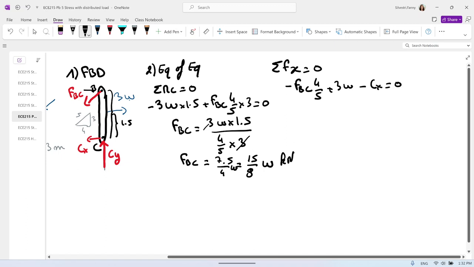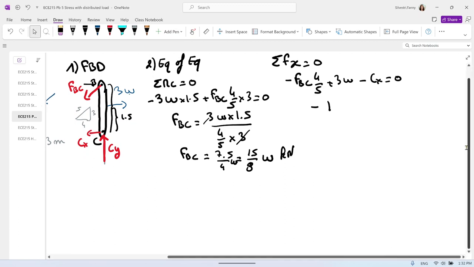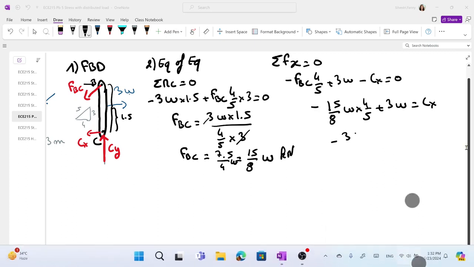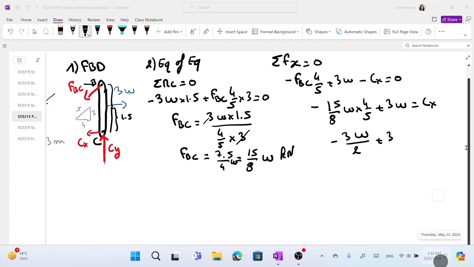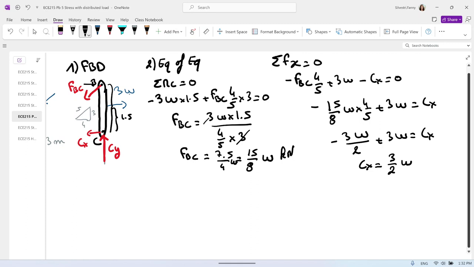So FBC, this is minus 15/8 W times 4 divided by 5 plus 3W equals Cx. So we can simplify this. 15 divided by 5 is 3, so minus 3W, and 4 divided by 8 is 2, plus 3W equals Cx. So we get Cx equals 6 halves minus 3 halves, equal to 3 halves of W.